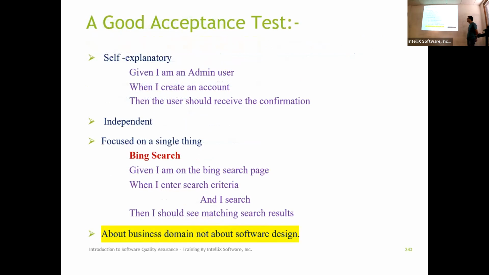So these are some examples of the acceptance test. Given I am an admin user, when I create an account, then the user should receive the confirmation. Bing search: given I am on the Bing search page, when I enter search criteria and I search, then I shall see matching results. Now, do you find the difference here between what you are writing in test cases versus here?